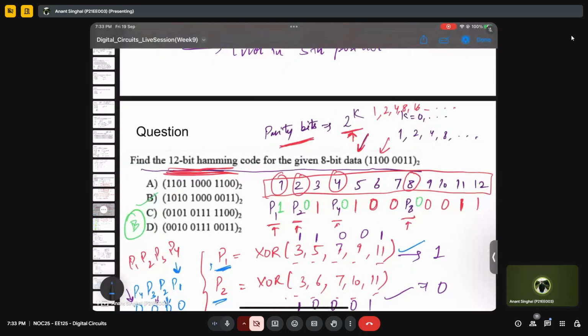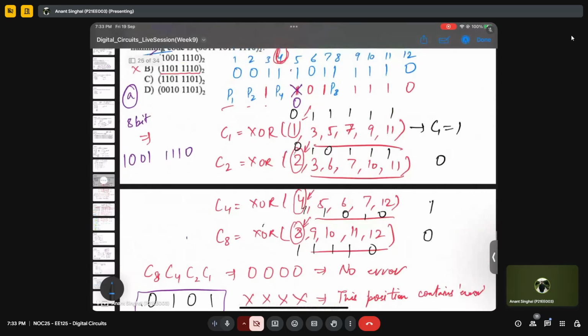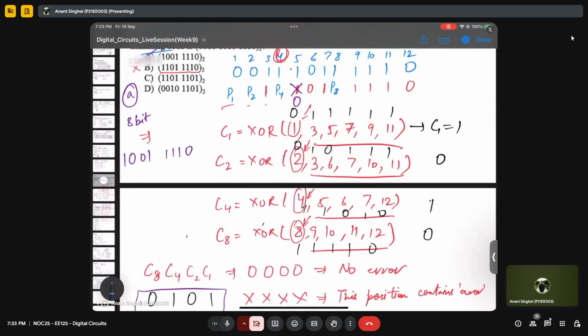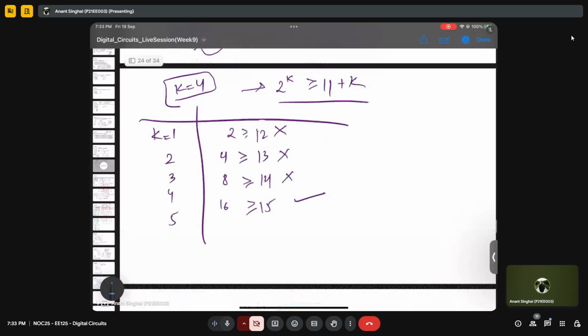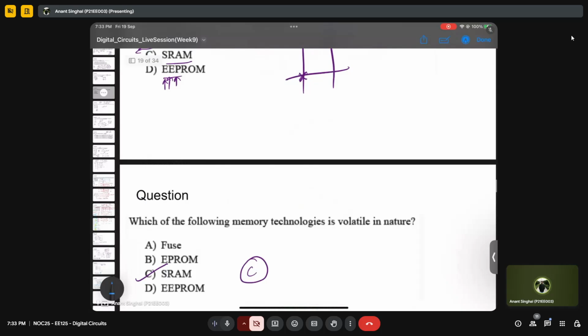I hope I was able to give you some basic idea to solve the Hamming code problems. I did see that there are some problems in your week 9 assignment. Then we also studied some basics about SRAM and DRAM, and a rough idea of how read, write and hold operations happen in SRAM and DRAM.